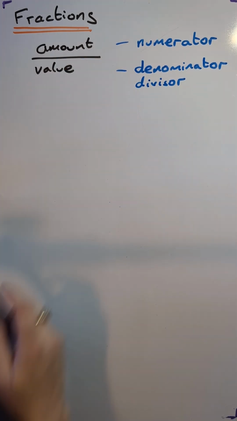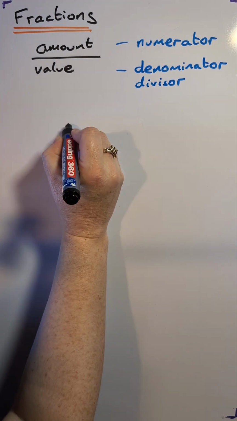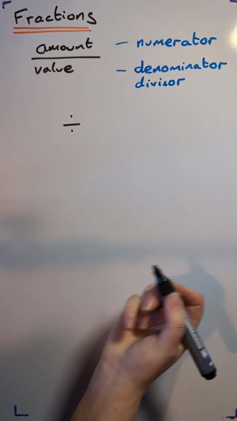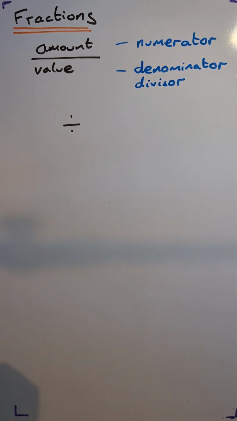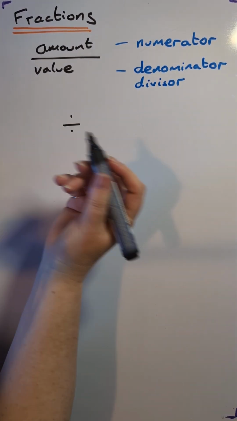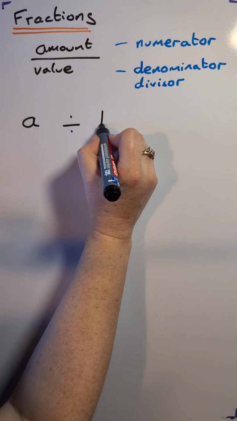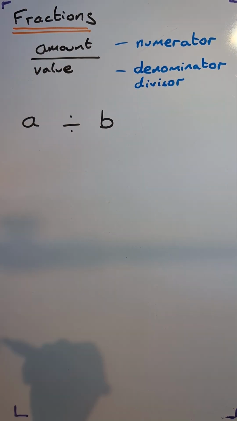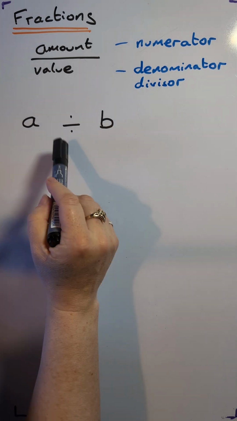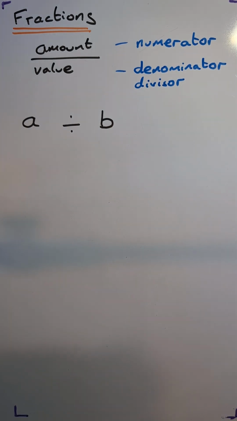Now, another way to think about fractions is as a division. We have something, I'm going to call it A, divided by something else, I'm going to call it B. This symbol in the middle is just telling us what happens where.